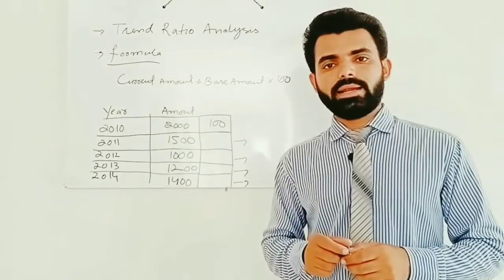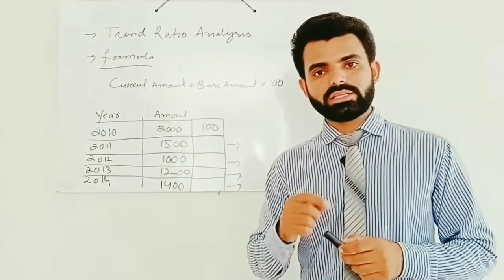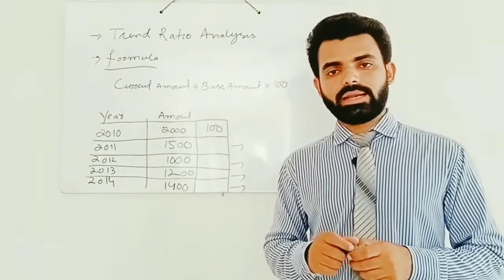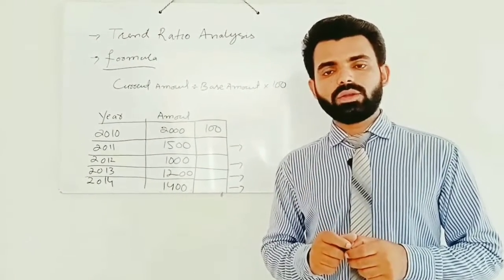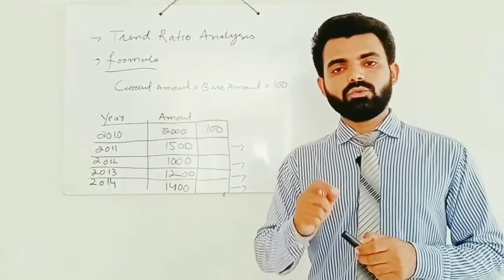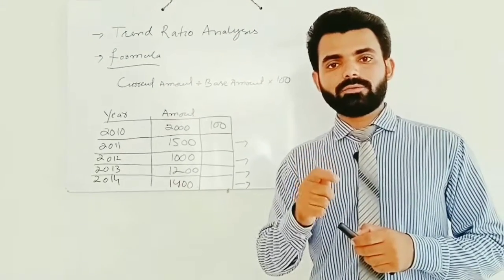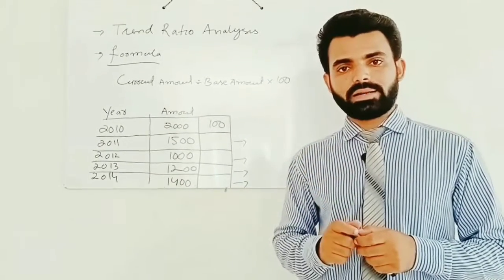So the fourth and last topic is trend ratio analysis, as well as the calculation of trend ratio analysis and the purpose of trend ratio analysis. If we talk about the particular word trend, it means momentum of price. We can say the statistical graph which represents momentum of price due to changes in the market.